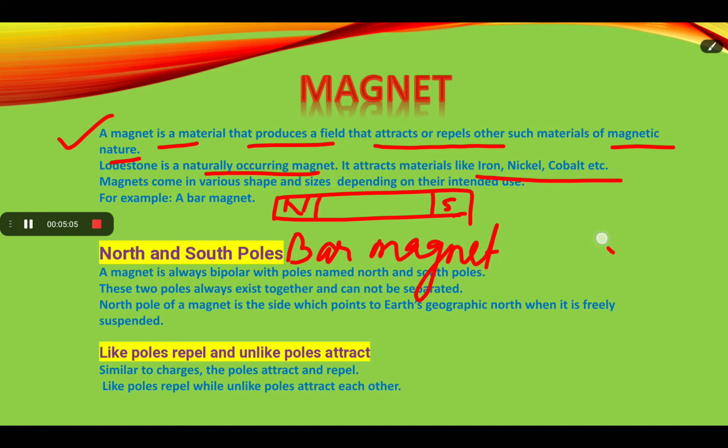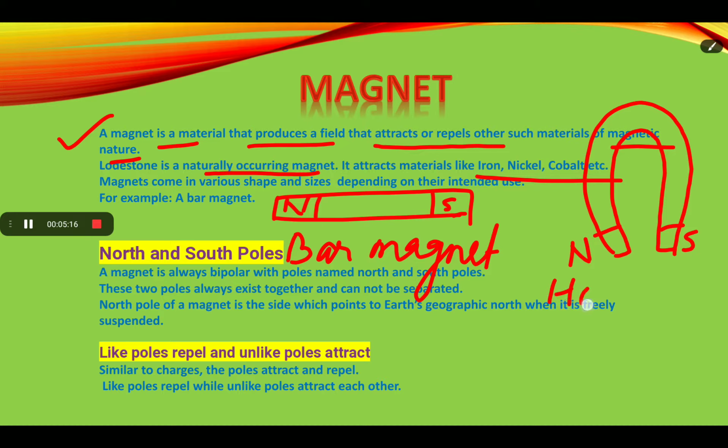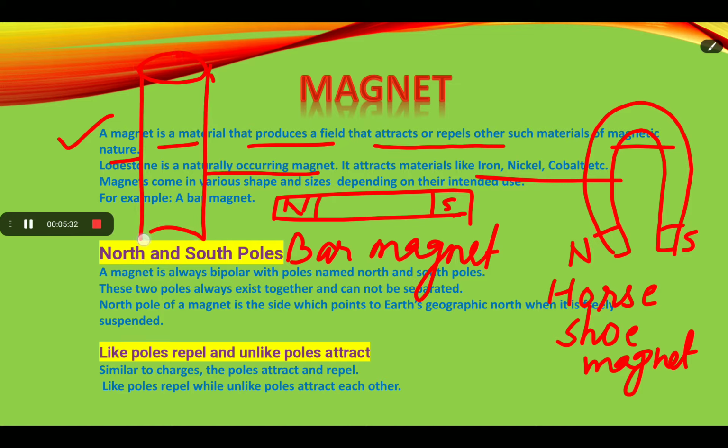This is called a horseshoe magnet, and this is called a cylindrical magnet. You know the different shapes and sizes of magnets, but here we have to focus on the bar magnet.